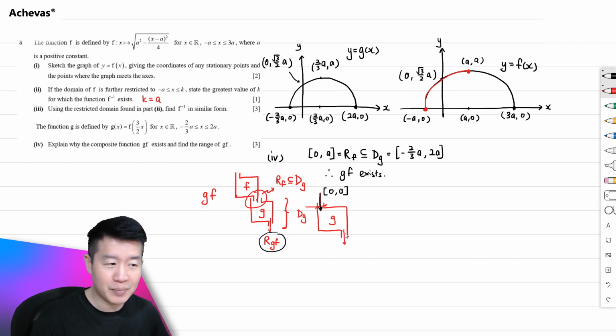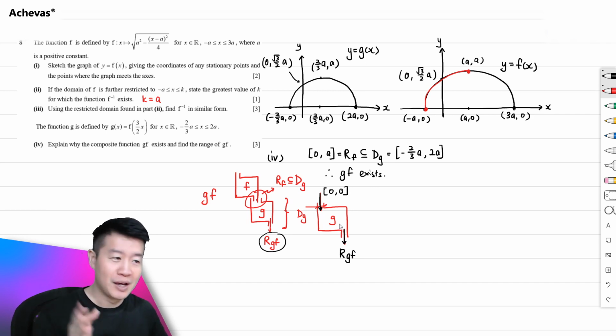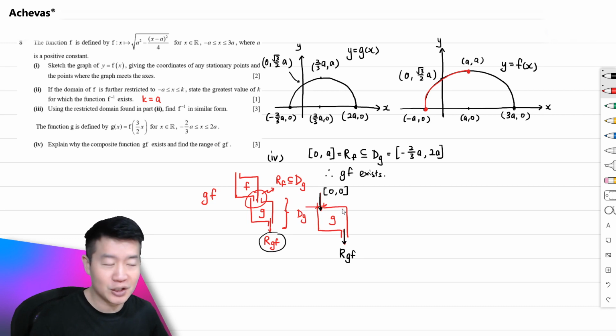And when I make sure that this happens, what comes out from g will be the range of gf. So I'm going to use this method number 2. In case some of you are still not very familiar with this method number 2, please go and check out the video on the Achevas TV channel for the range of a composite function.